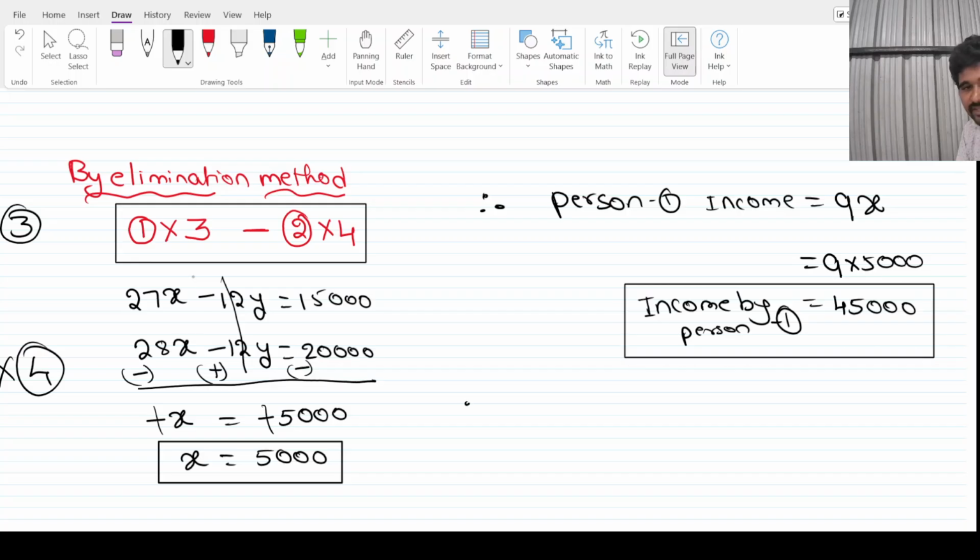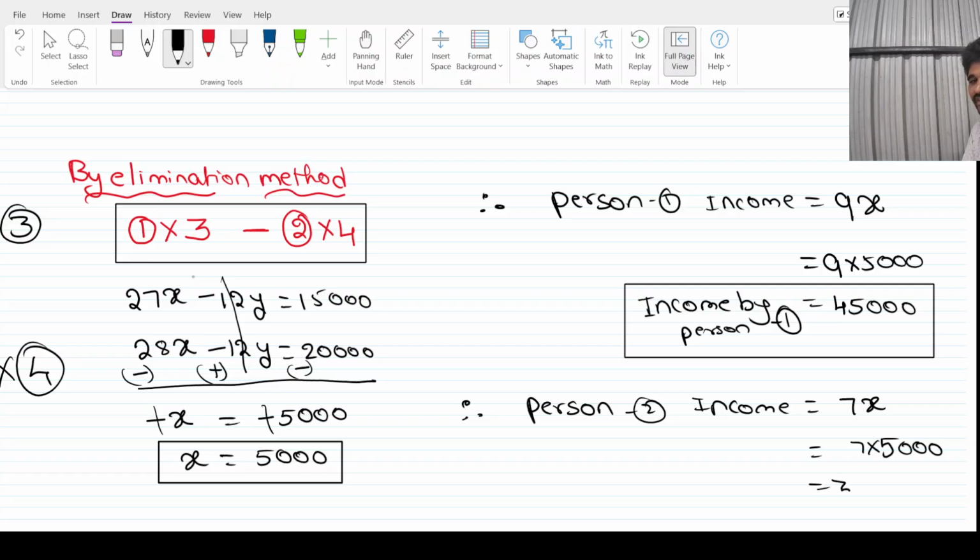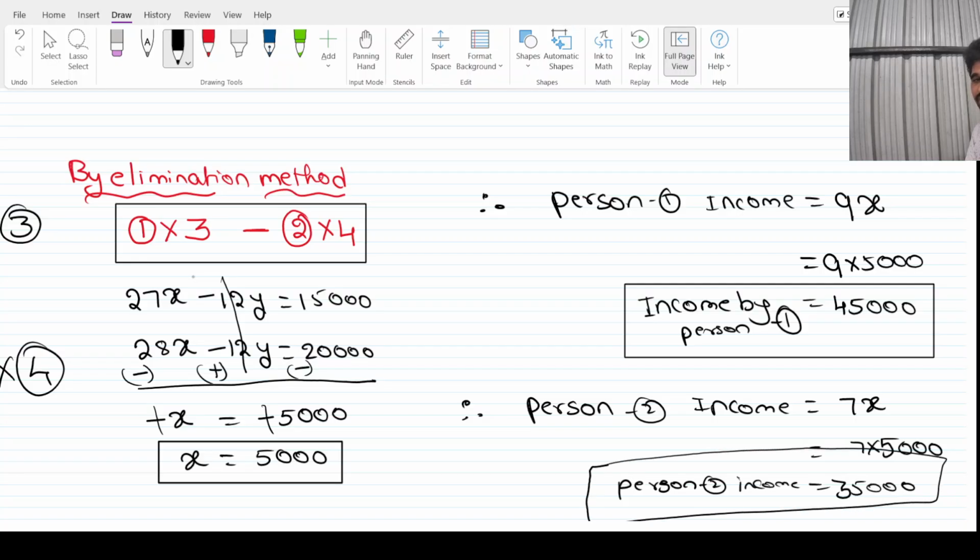Next, therefore, person 2 income is equal to 7x. How much will it be? 7 into 5,000, 35,000. Person 2 income is equal to this much. Is that clear for everybody?